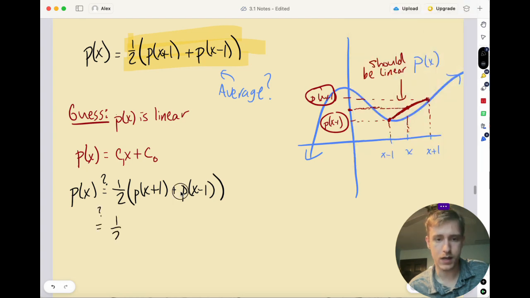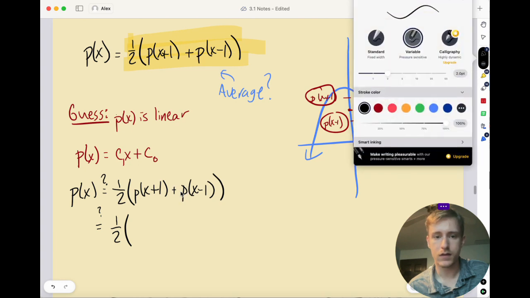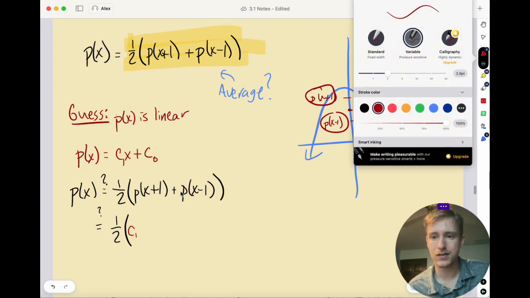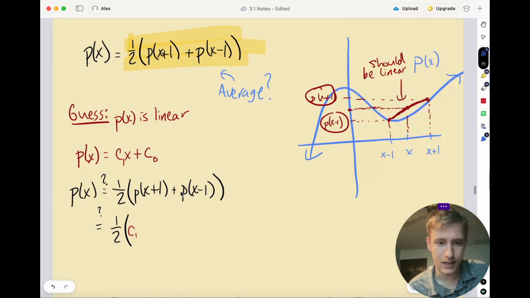So p of x plus 1 would be c1 times x, where instead of x, I'm replacing it with x plus 1, plus c0.